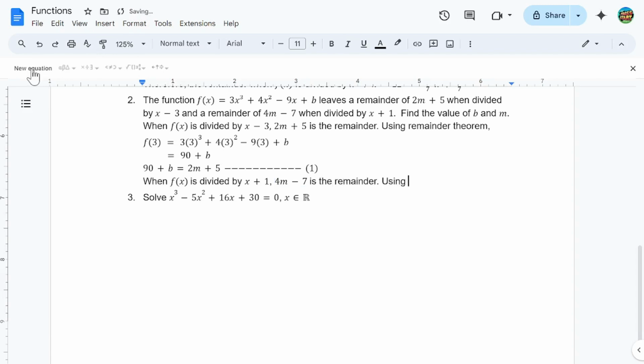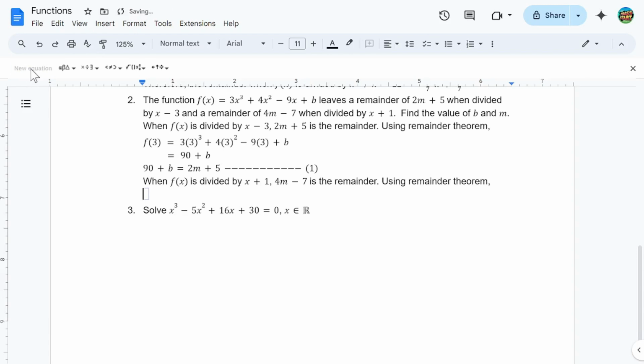So using remainder theorem, function of negative 1 equals 3 times negative 1 to the power of 3 plus 4 times negative 1 squared minus 9 times negative 1 plus b.